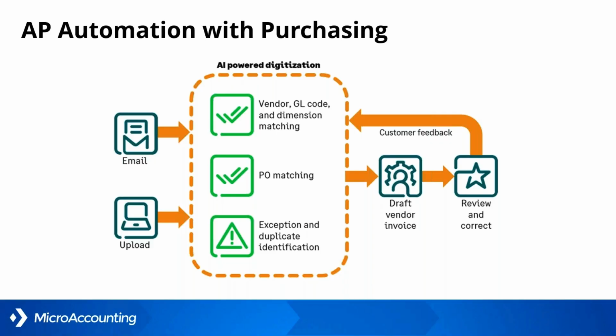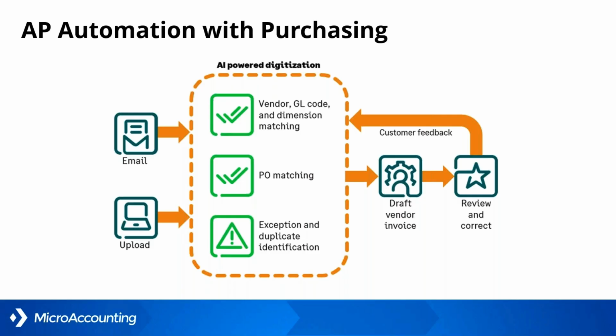Okay. So this is kind of a workflow for that. You're going to have the option to email or upload those documents. Through the AI-powered digitization, it's going to look for the vendor, the GL coding, dimension matching, and it's going to match it to that purchase order or that purchasing transaction.